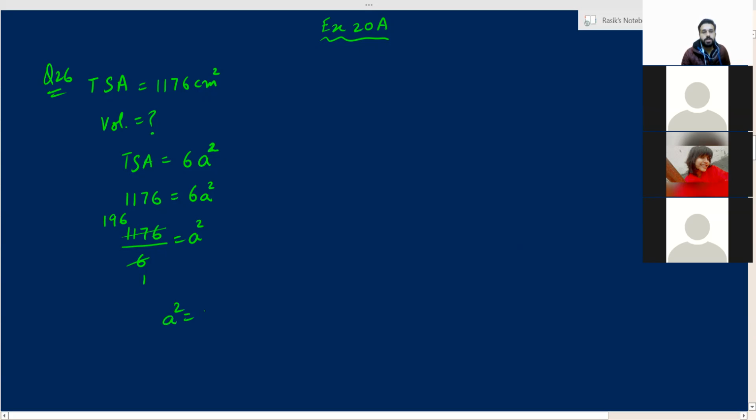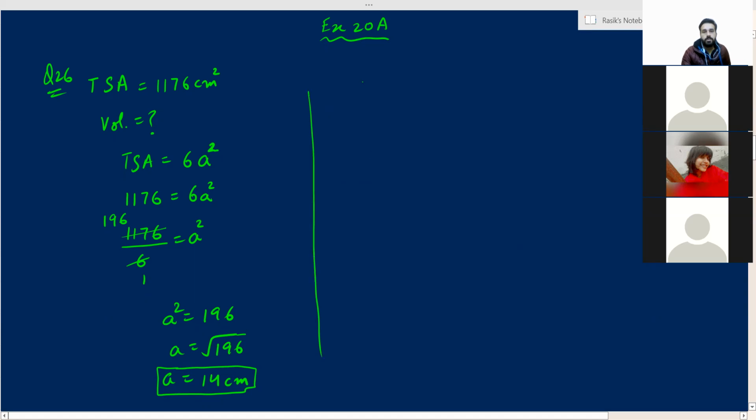So a square is equal to 196. That means a is equal to square root of 196. A equals 14 centimeters. This is the side of the cube. Any doubt in finding the side of the cube? All of you? No, sir.